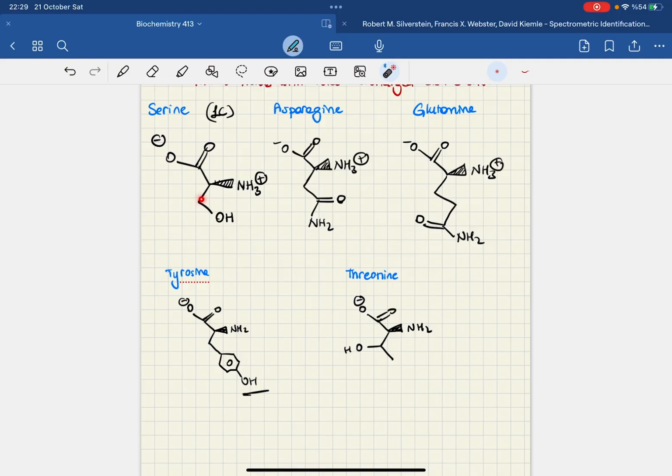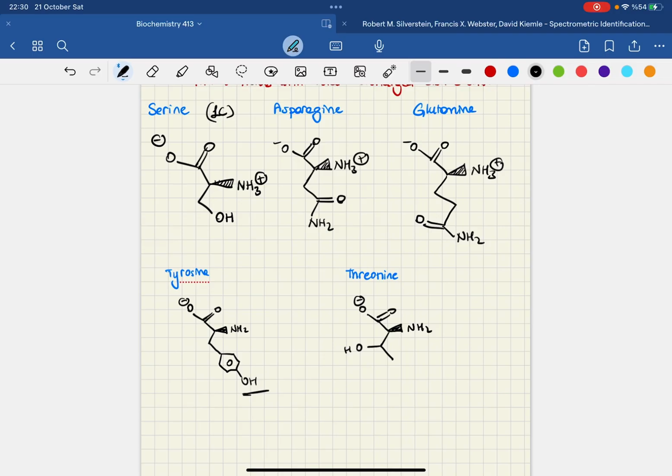However, instead of being attached to the gamma carbon, it is basically attached. Sorry, 1, 2, 3. Oh yeah, we have a methyl group more attached to it, which is the only difference from serine.